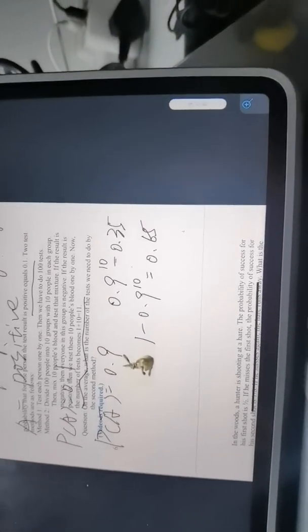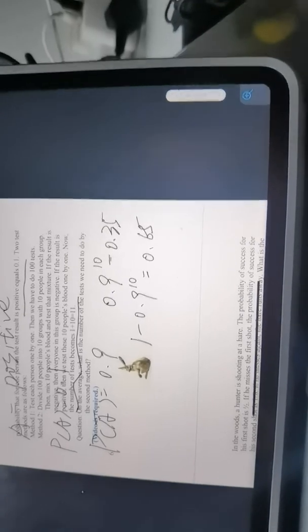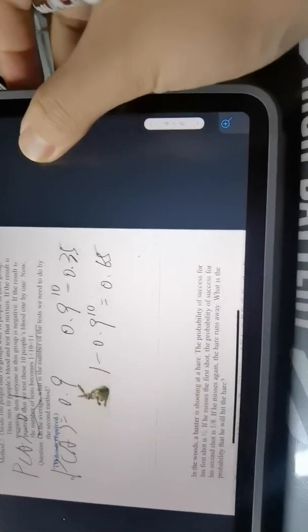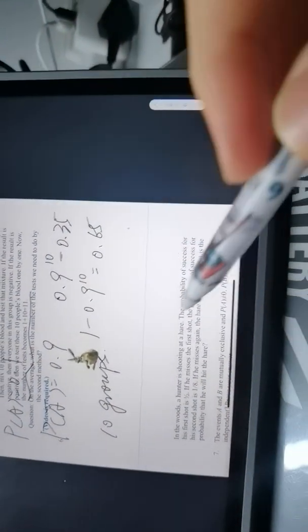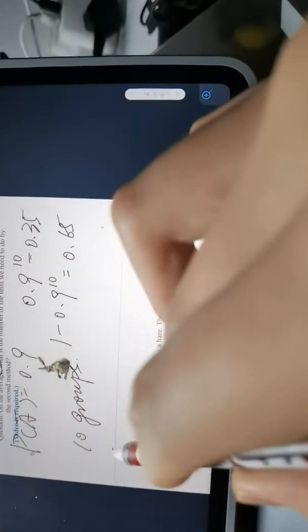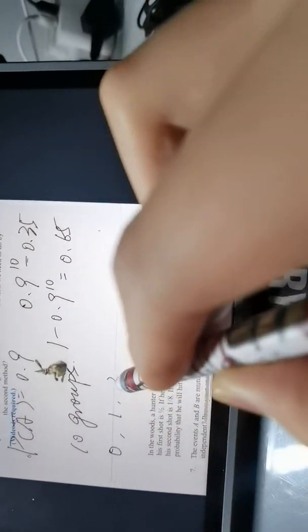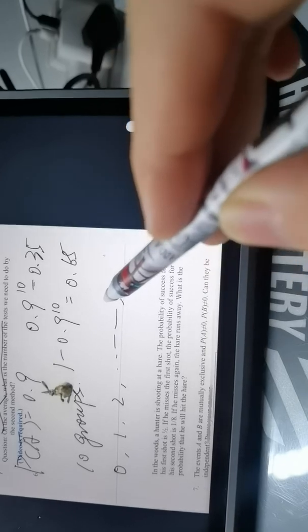For the whole 100 people together, we have 10 groups. And we have several situations where the number of groups that need to be tested again is 0, 1, 2, and so on, up to all 10 groups needing to be tested one by one.